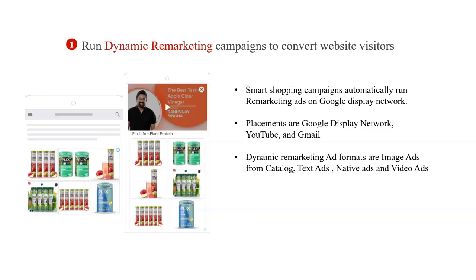Automatically across Google Display Network, Google will pick up products from your catalog and start showing ads as image ads, native ads, video ads, and text ads. So very simple, set up one campaign and you get benefit of both search-based image ads and also dynamic remarketing ads.